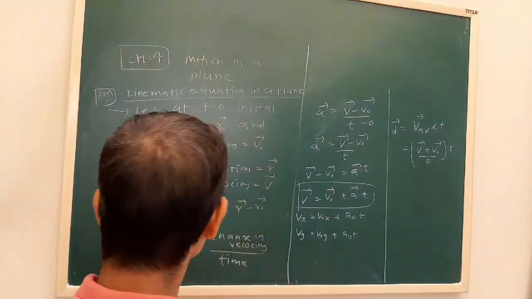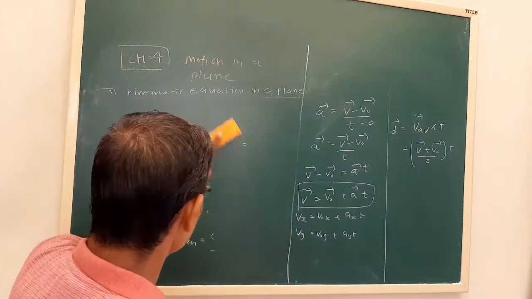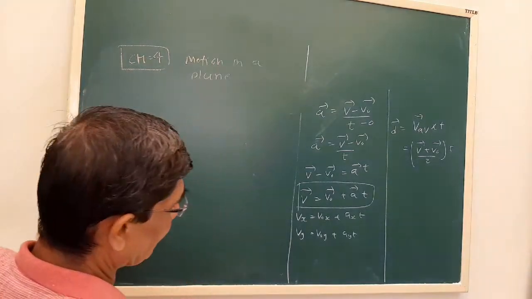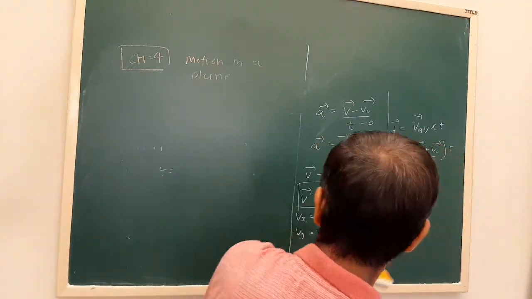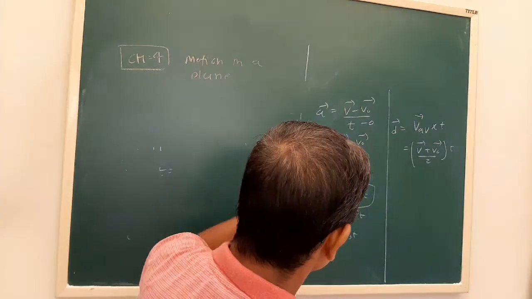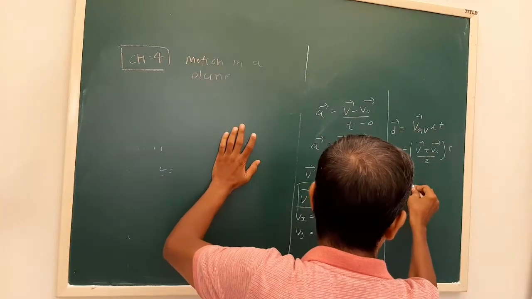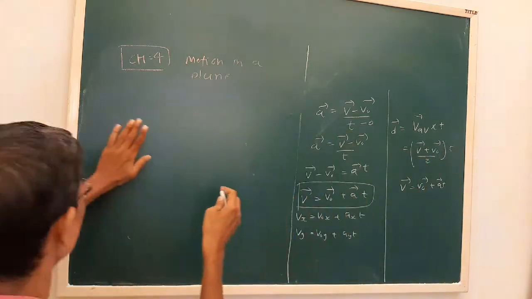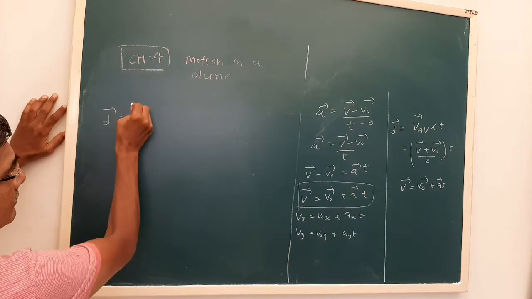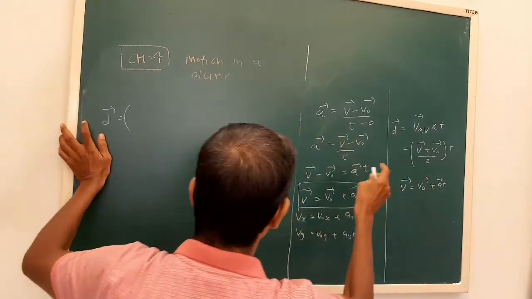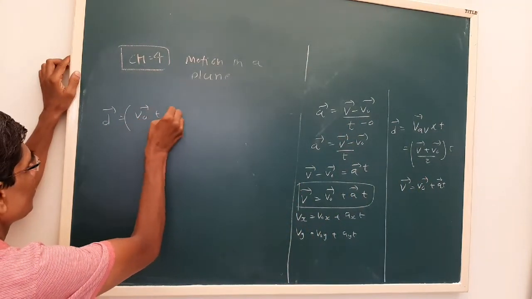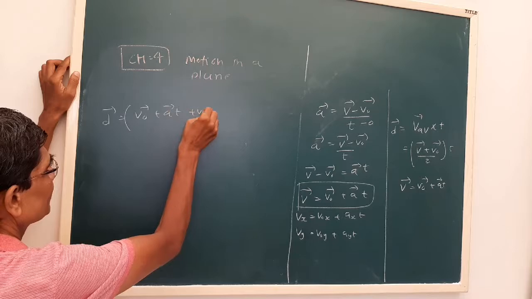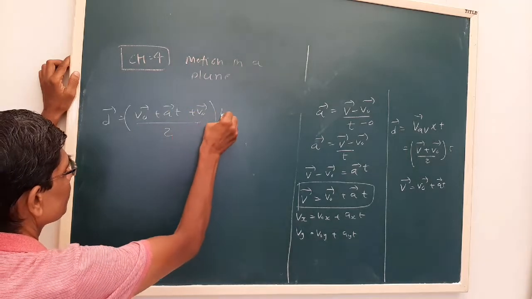Now the displacement is average velocity into time. Now we substitute the value here. We substitute v is equal to v0 plus at, plus v0, into t.